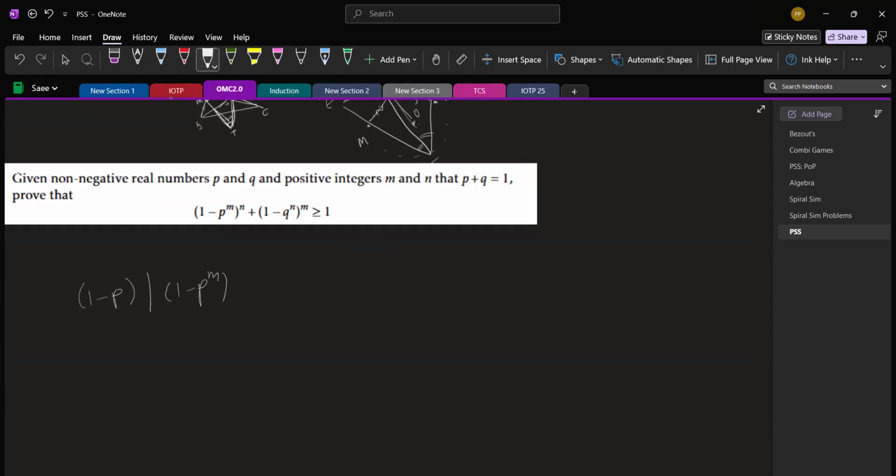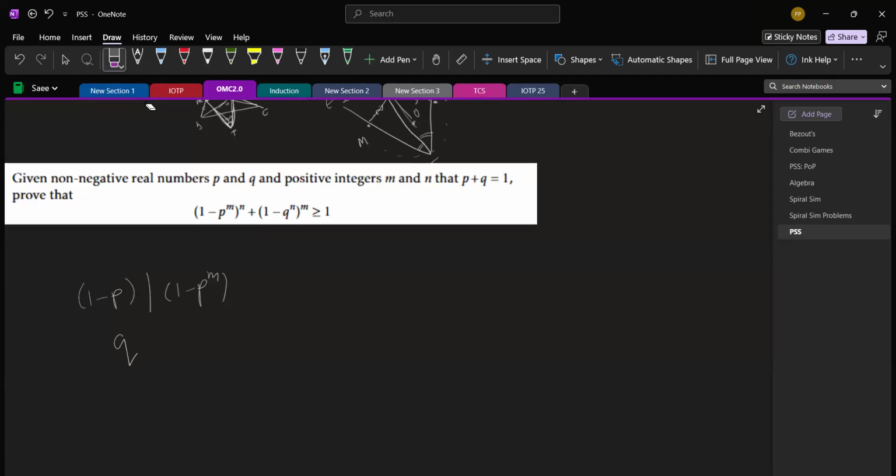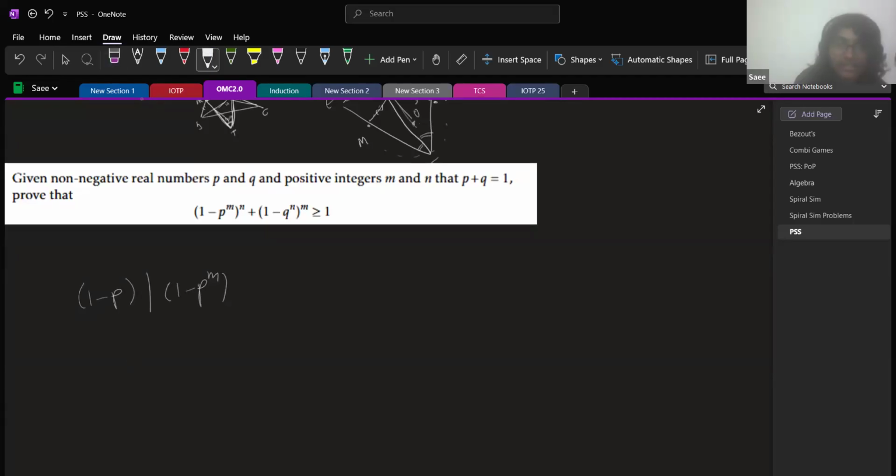So 1 minus p becomes q. Okay, I think we need to do some binomial things. Interesting. Substituting for p. Have you ever seen p and q in an inequality before?